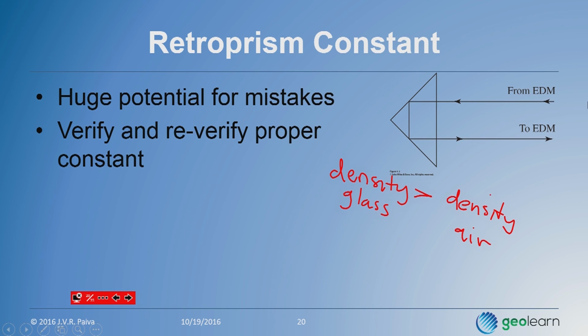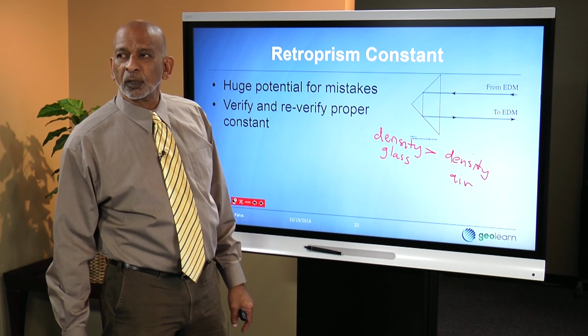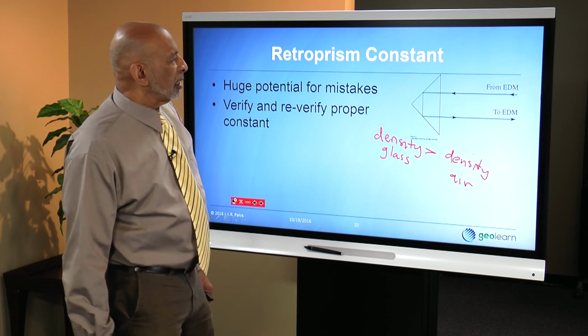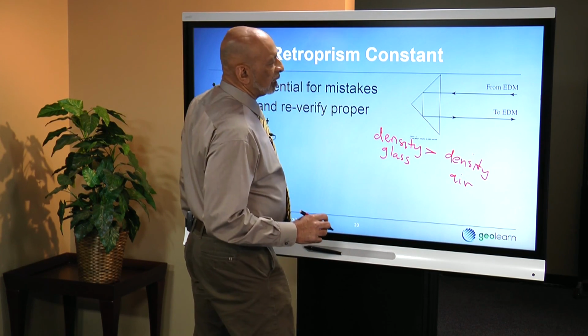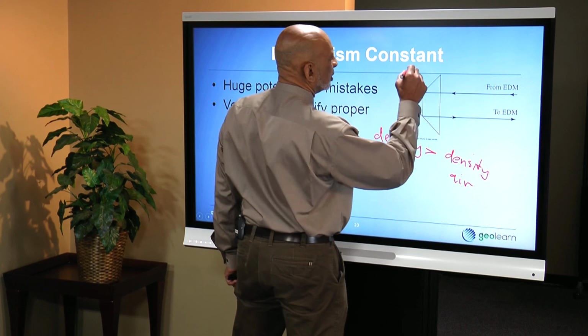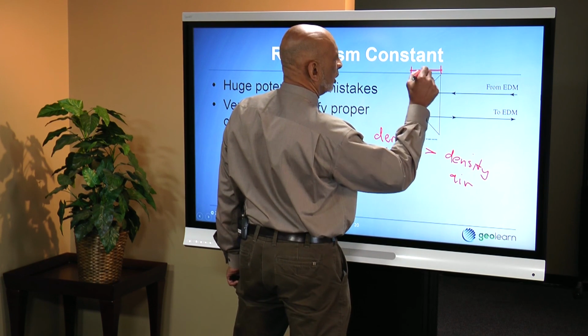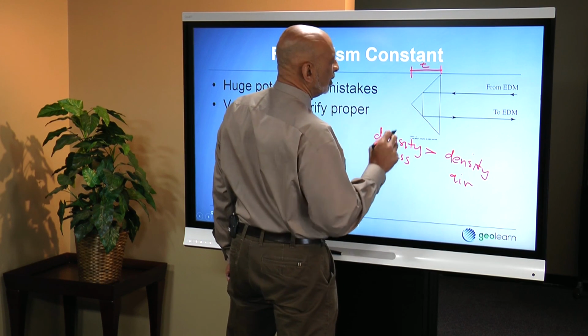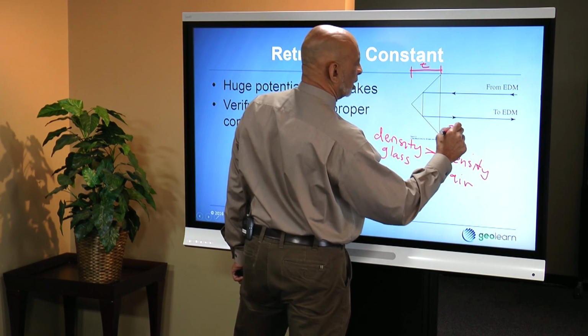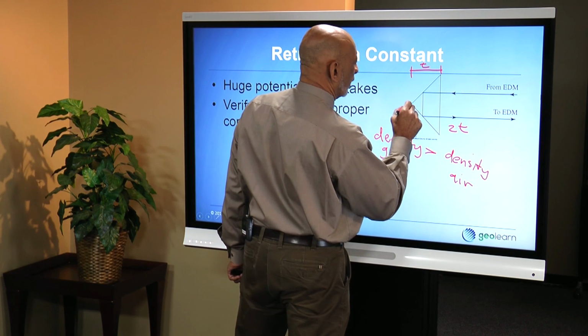And if the glass, therefore, is thicker, the light actually slows down as it passes through the prism. Now, it turns out that the total distance traveled inside the prism is, let's call the height of this pyramid shape t, the total distance is 2t, which would put it right here.